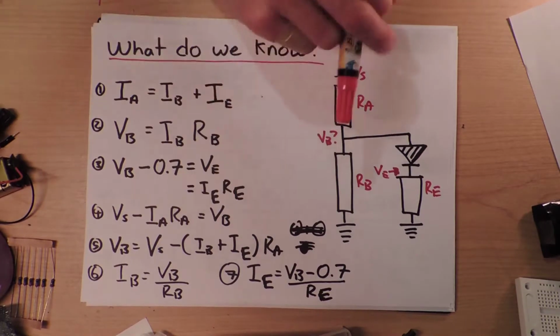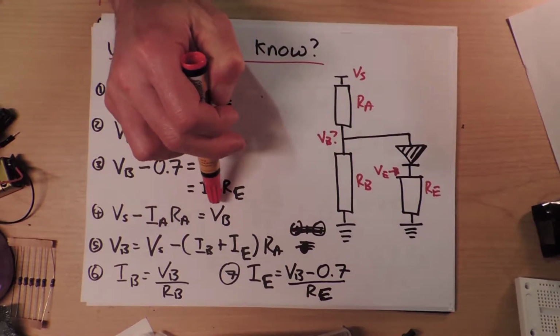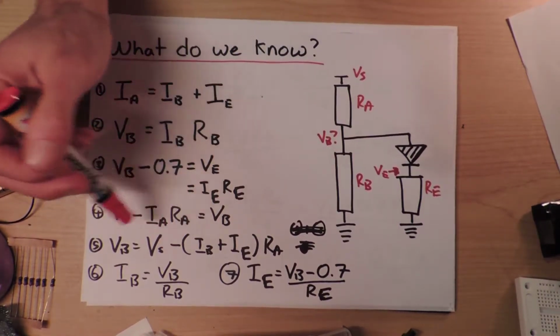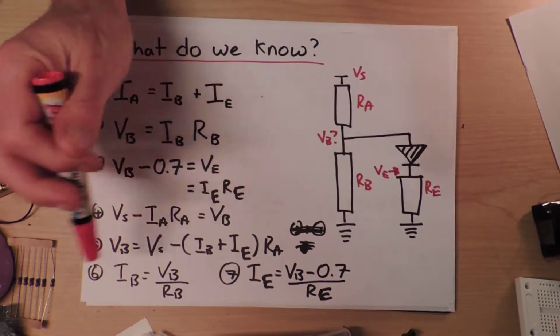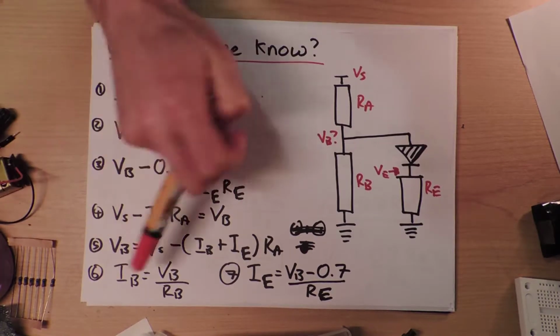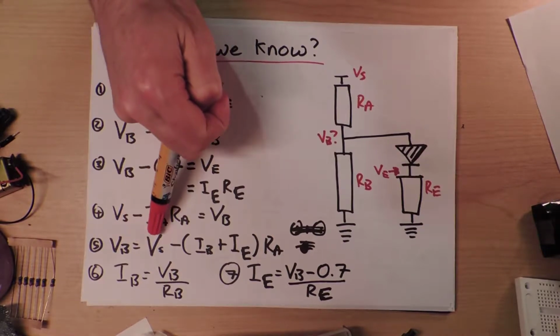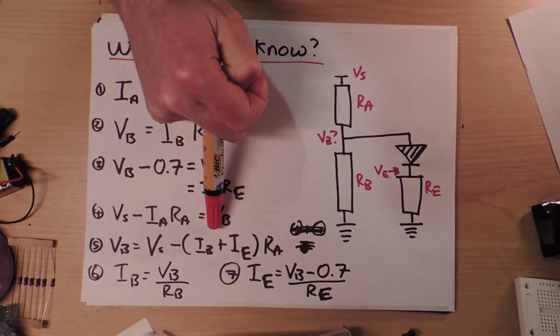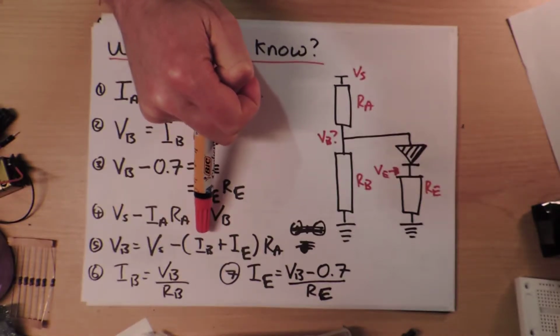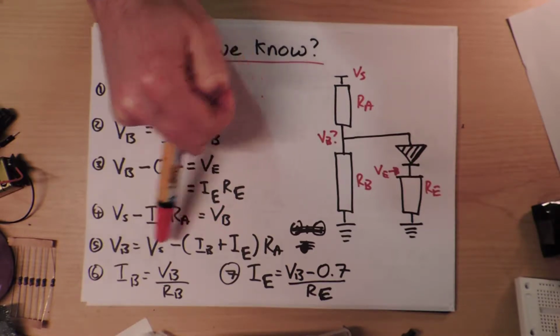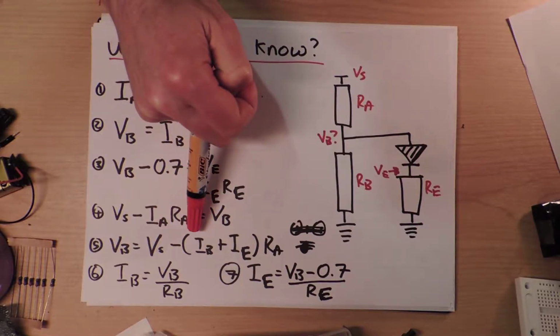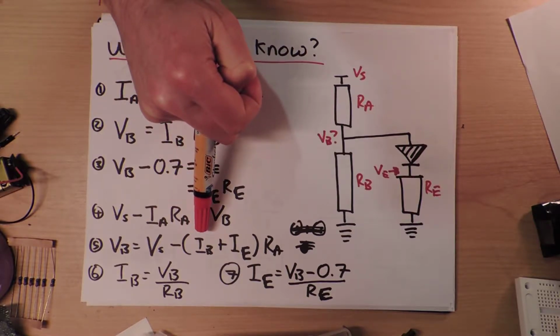So basically I'm trying to get a whole bunch of equations that have VB in them, and then hopefully put them all together, and then I can work out what VB is. So that rewritten is VB equals VS minus... what have I done? Oh yeah, that's right.